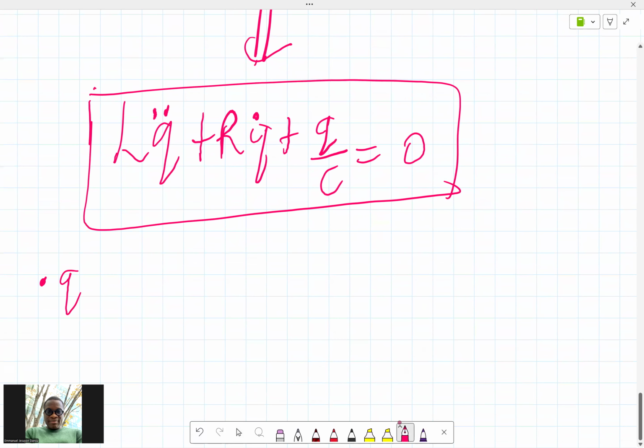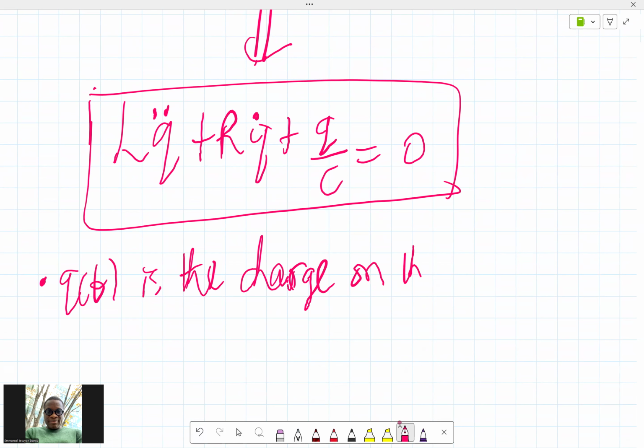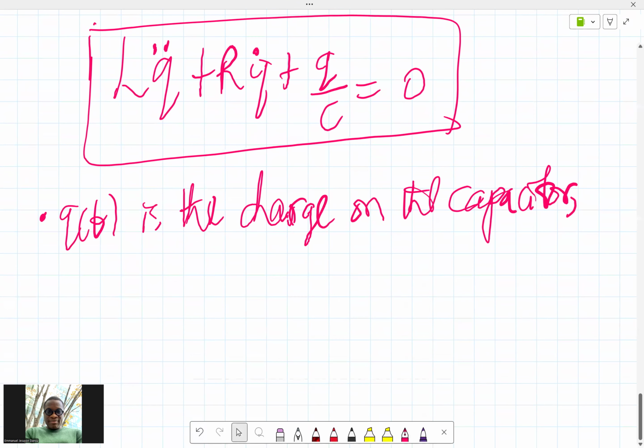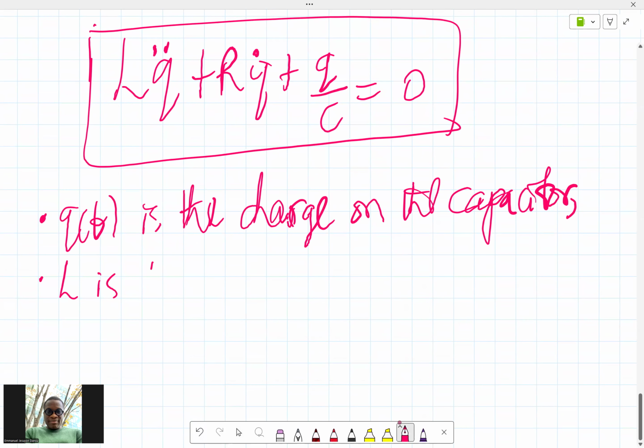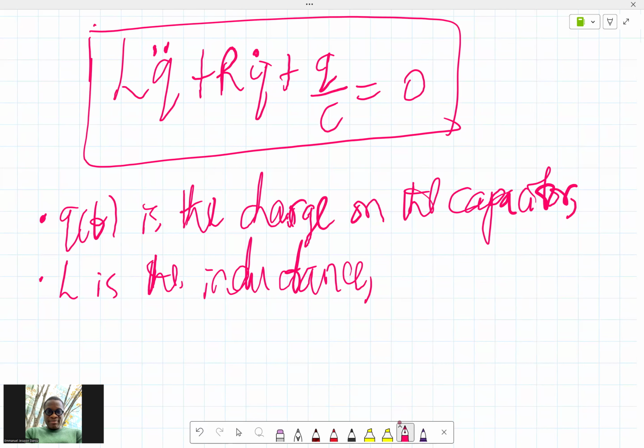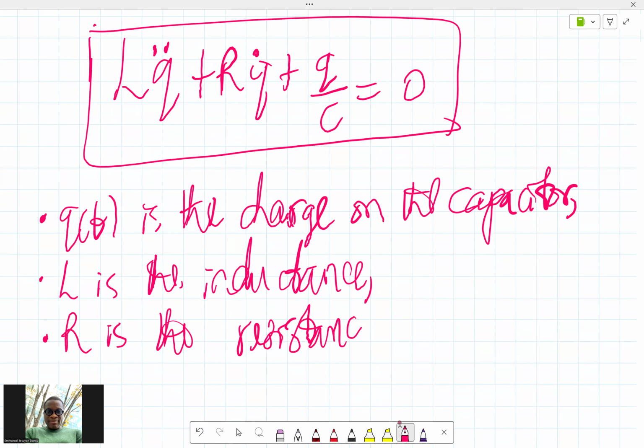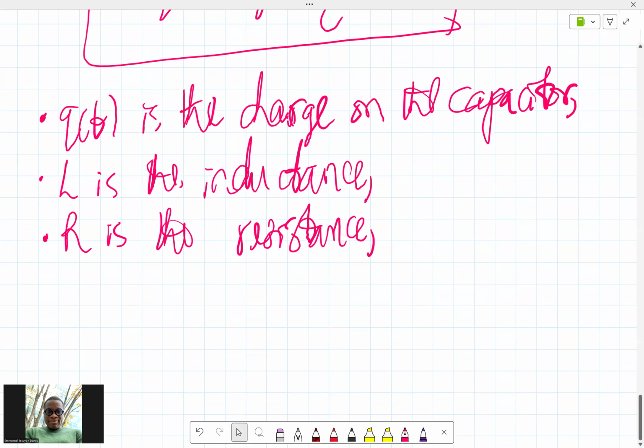Here Q(t) is the charge on the capacitor, L is the inductance coming from an inductor, R is the resistance coming from a resistor, and C is the capacitance coming from a capacitor.